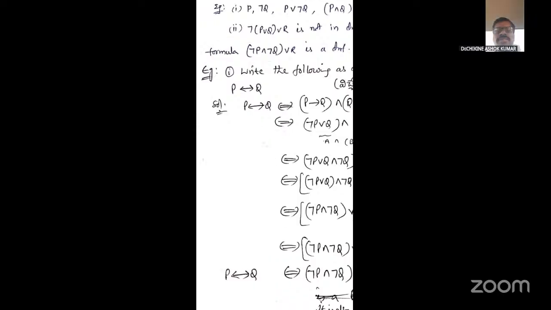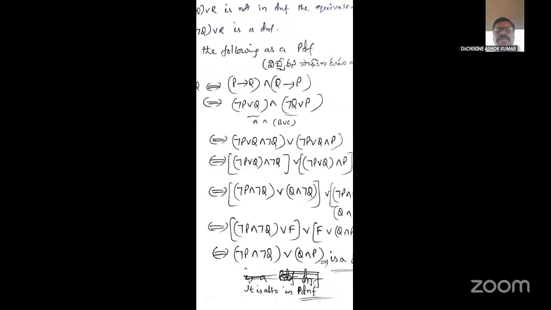So my question is, write the following in principal disjunctive normal form, or simply disjunctive normal form. What is the question? P double implies Q, that is P biconditional Q. We have to write this as a disjunctive normal form.